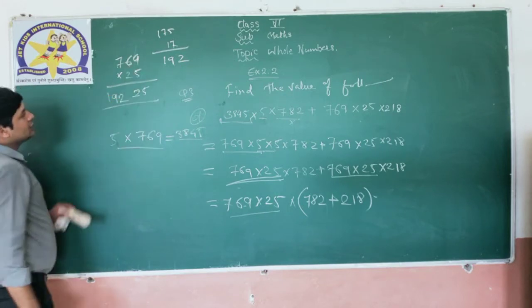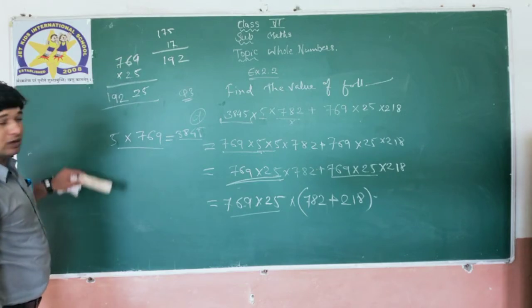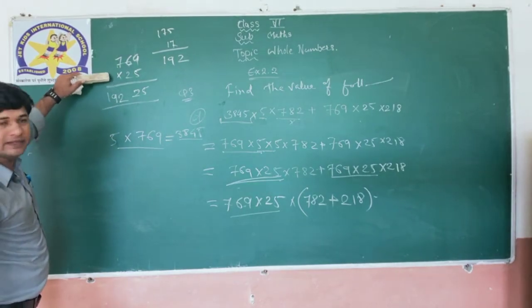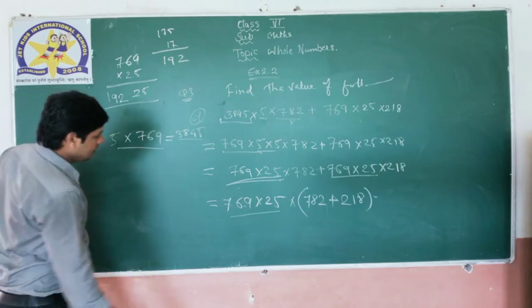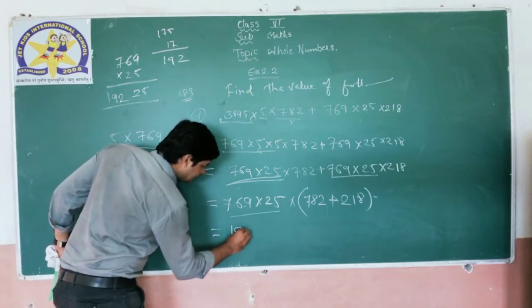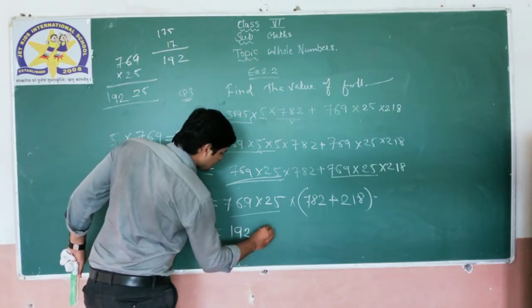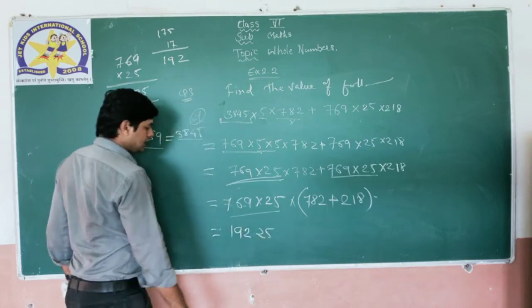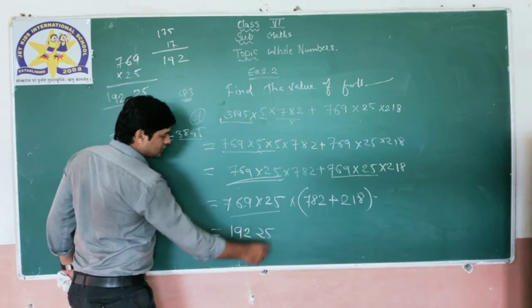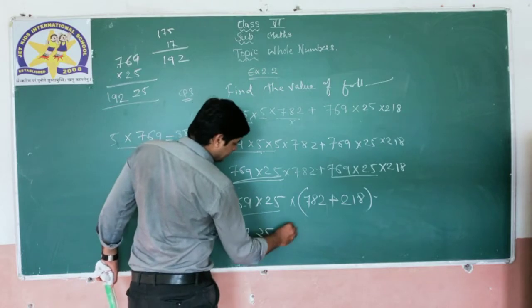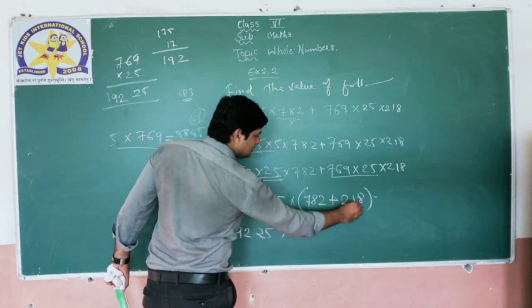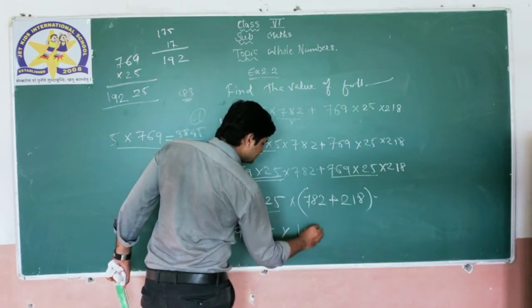So the multiplication of 25 and 769. I hope you don't have any problem in multiplication. So it will be 19,225, and here 782 plus 218, that is 1000.